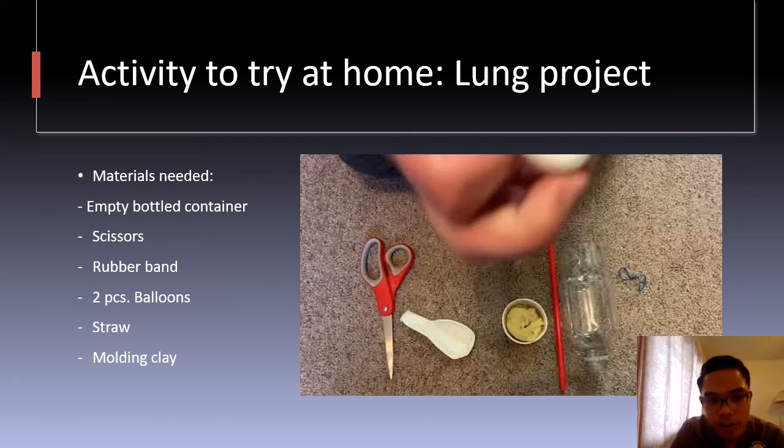All you need is an empty disposable bottle container, scissors, a rubber band, two balloons, a straw, and molding clay. Or if you don't have molding clay, you can use dough. So in here, I'm going to show the video, one of the things that I did and uploaded.